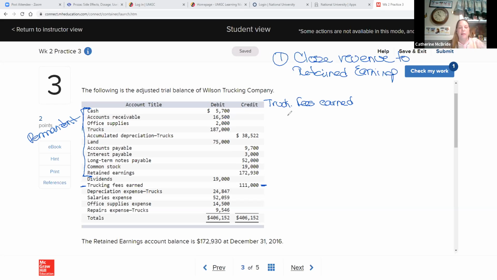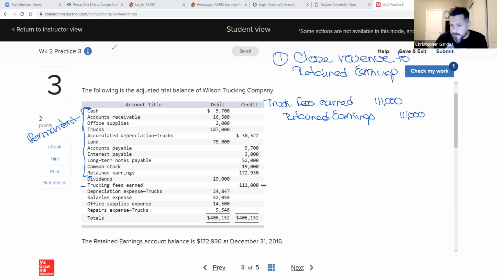And I'm going to credit retained earnings for that $111,000. When I'm done with this, what is my balance in my trucking fees earned account? It should be zero. Yep, this one is now zero.